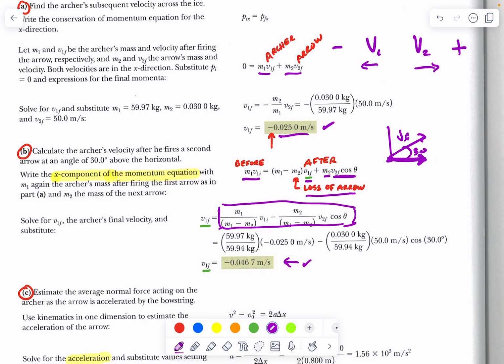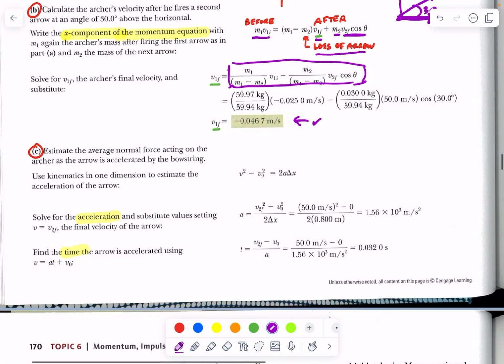Now, to estimate the average normal force acting on the archer as the arrow is accelerated, you might recall this kinematic equation from a few chapters ago. We can solve this equation for a to find the velocity of the arrow. And then we can find the time that the arrow is in contact with the bowstring of the bow.